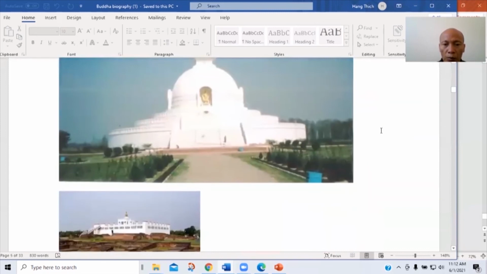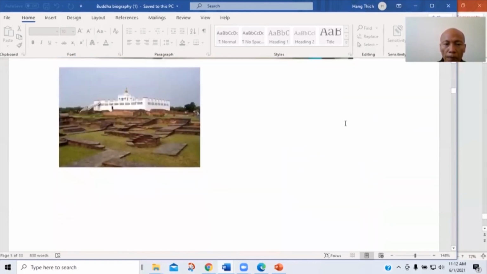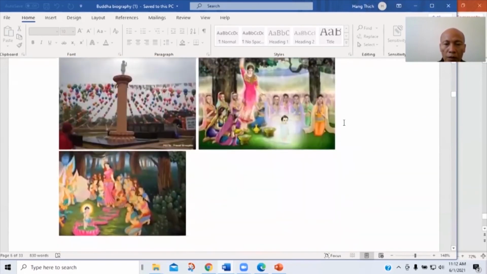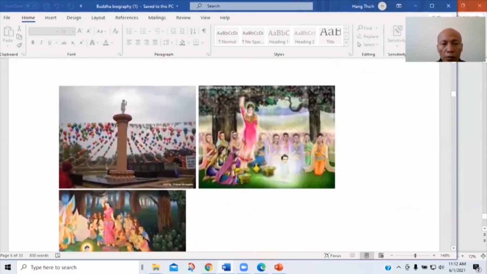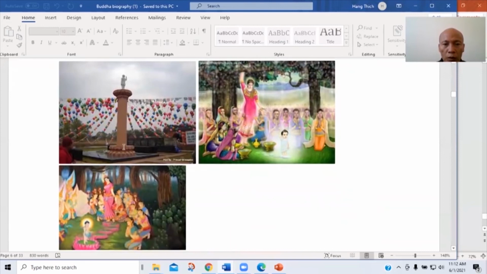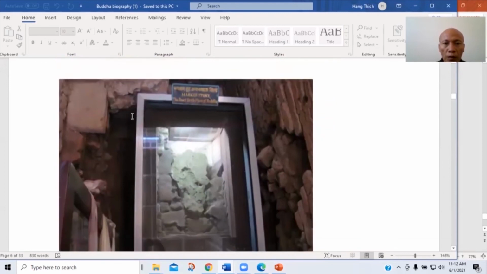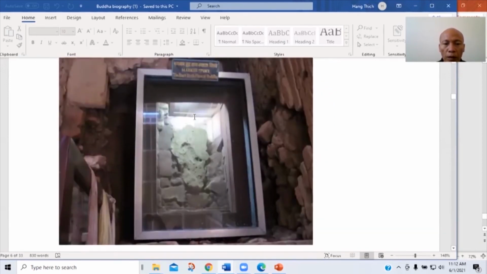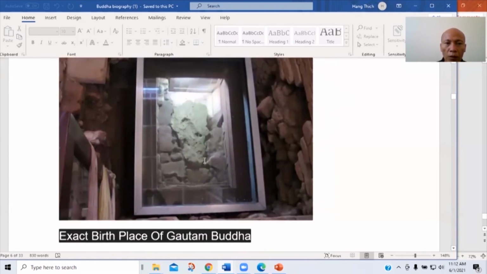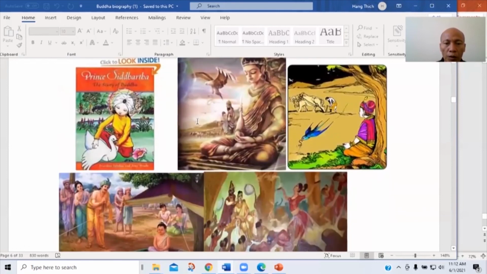That is why they established the stupa here. This is the place where he was born. Later on, King Ashoka erected this pillar to indicate where the Buddha was born. It still exists, and here they found the exact birthplace of Gautama Buddha, right here in Lumbini, Nepal.